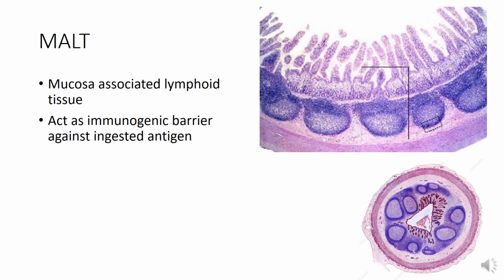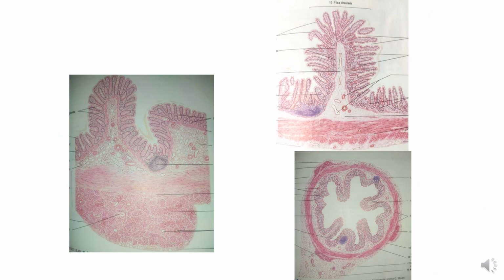Now, this lymphoid tissue can be in the form of aggregates. You can see here an excessive amount of lymphoid tissue. You can well appreciate here, this is the ileum and this is the appendix. So, you can see in the lamina propria the excessive amount of lymphoid tissue. It acts as an immunogenic barrier against the ingested antigen. Now, this is the colon and this is the jejunum. So, you can see here the isolated lymphoid tissue.